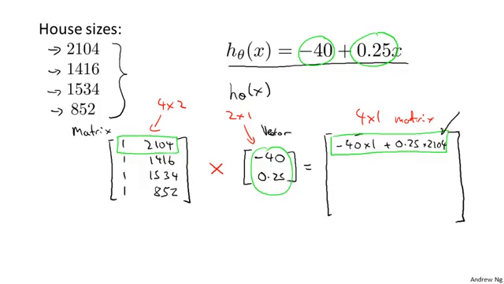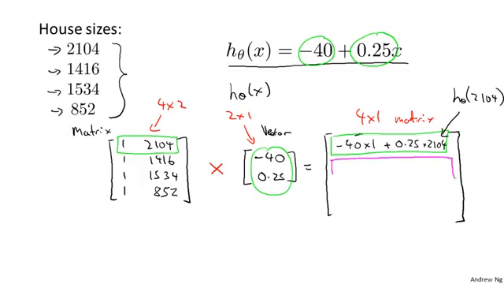And this first element, of course, is h applied to 2104. So it's really the predicted price of my first house. Well, how about the second element? Hope you can see where I'm going.